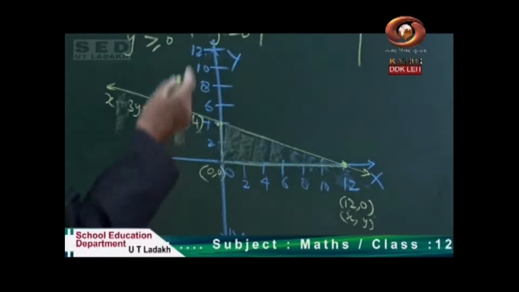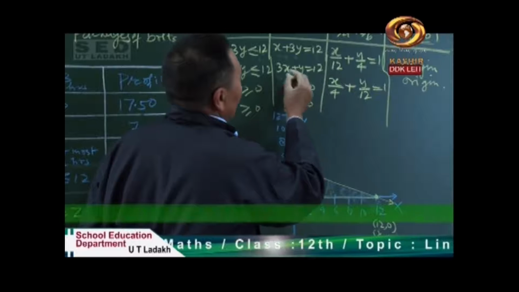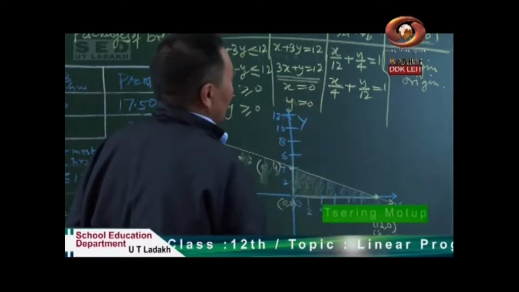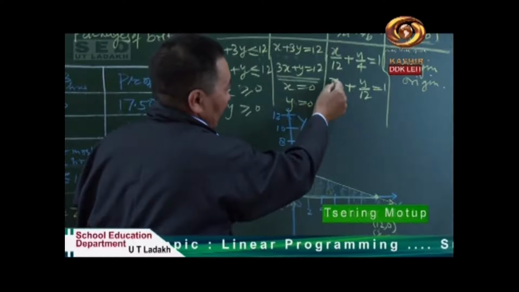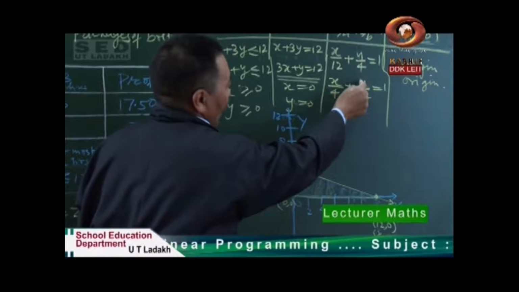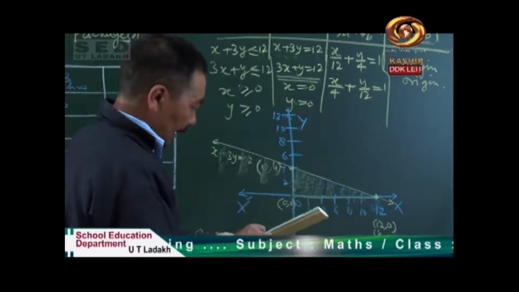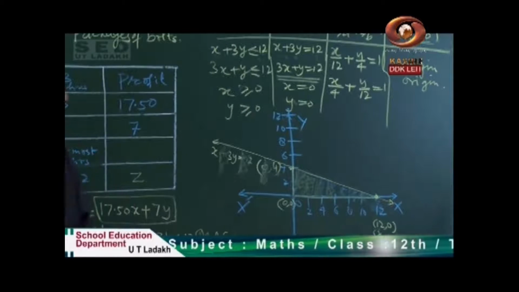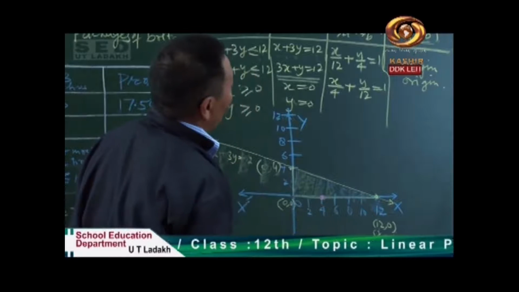Now I will try to draw the equation of the second line, this line. 3x plus y. That line intercepts the x-axis at 4 and the y-axis at 12. X-axis at 4, this is our 4.